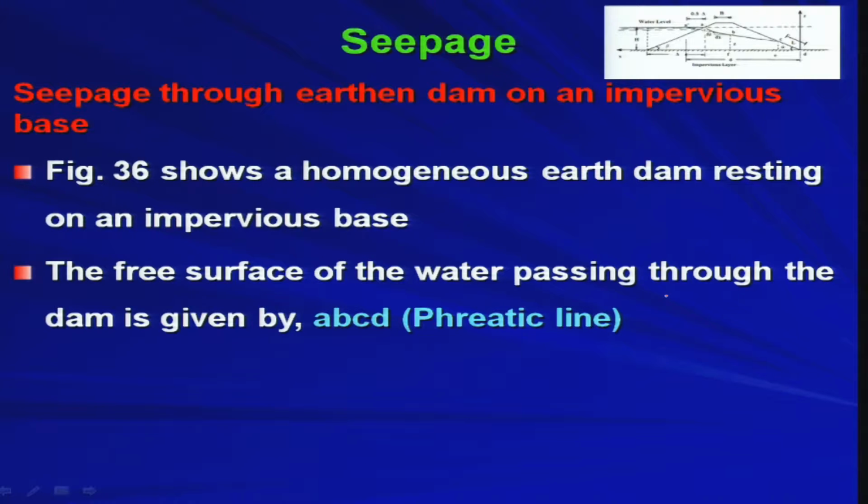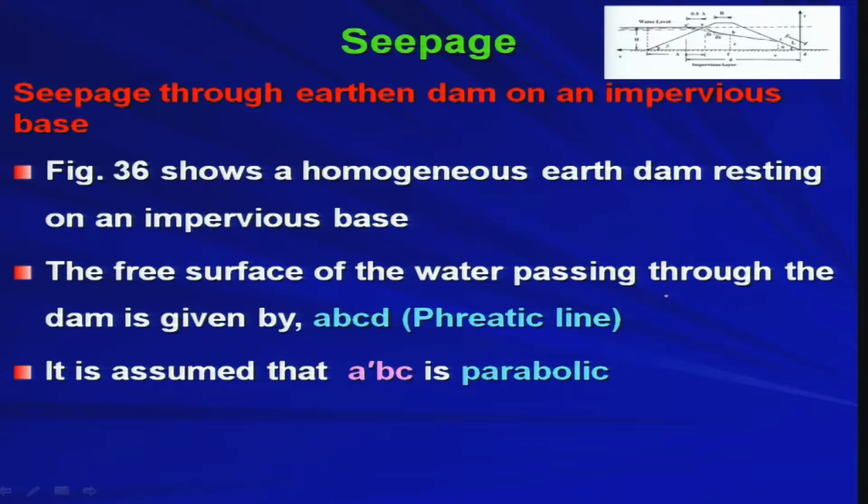So, the topmost flow line is nothing but the phreatic line. That is the free surface of the water passing through the dam. Just on that flow line you will be having atmospheric pressure. So, A, B, C, D is the topmost flow line and the flow is happening through the dam body below that line itself.